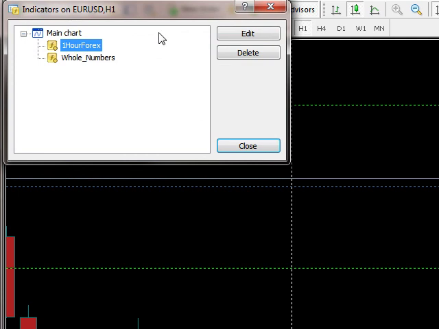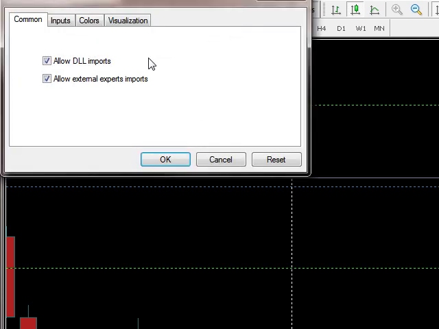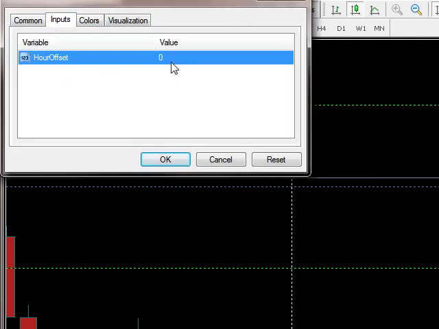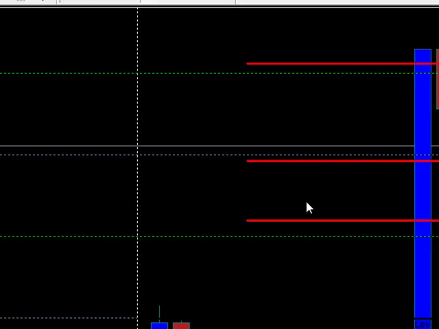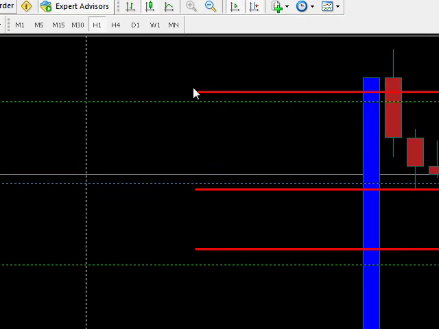We want the 1 Hour Forex. Edit. Inputs. Yes. So what we want to do, if you're at Forex or Interbank FX, is go into here and set it to -3. Once you set it to -3, now you see how these disappeared.